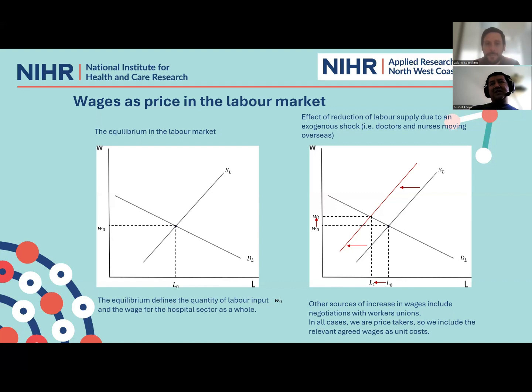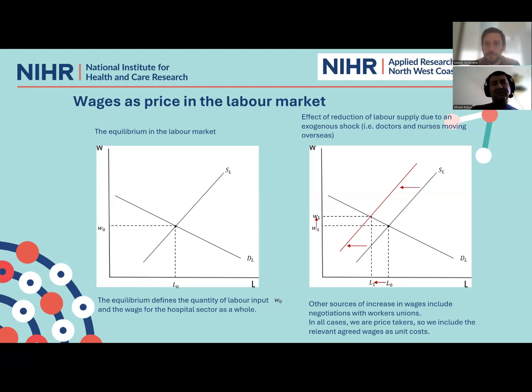The supply curve is related to the number of physicians and nurses in the market, so this is how many hours they are willing to work at each level of salary. And the demand curve is related to the systems, the hospitals wanting to contract these physicians or nurses on the market. So the higher the price, the fewer people they are willing to hire. And how can the equilibrium change?